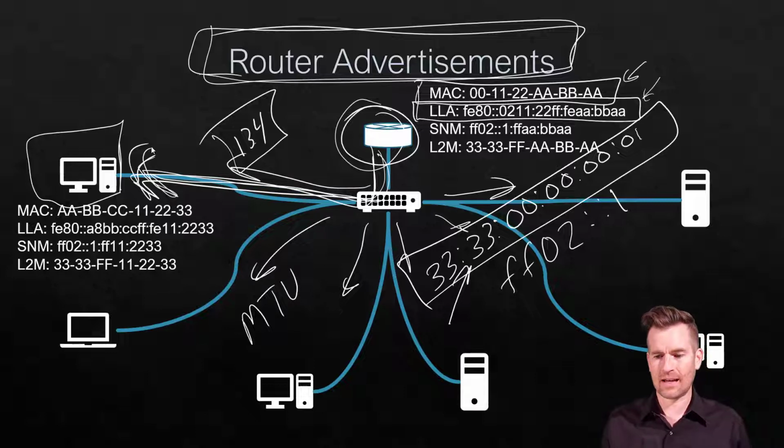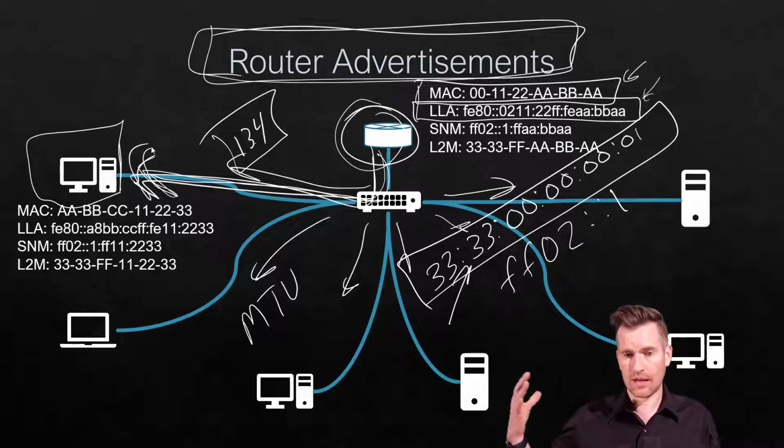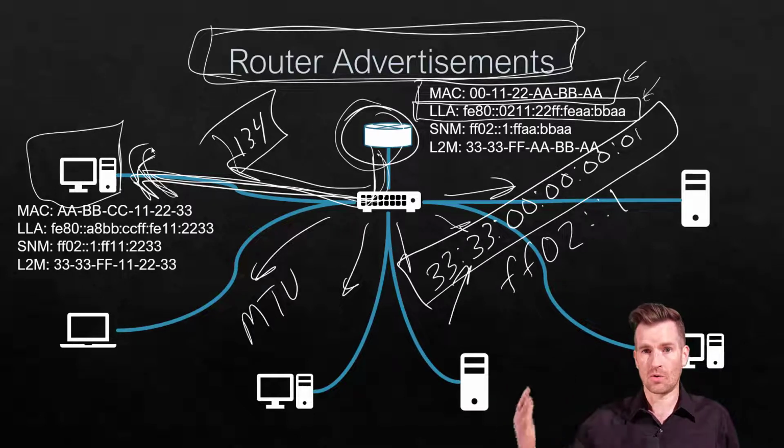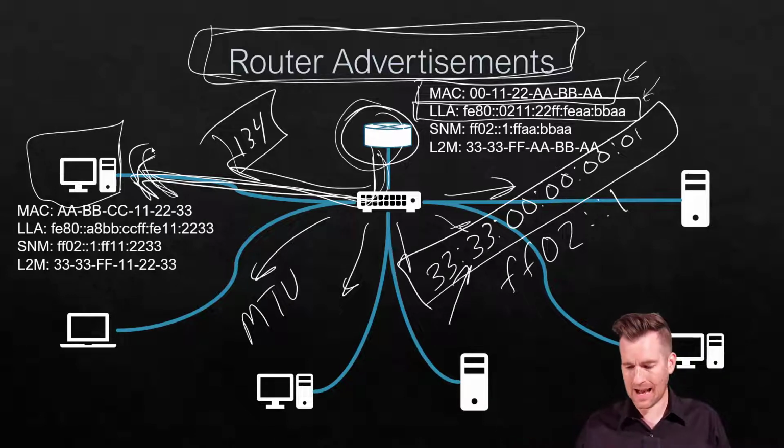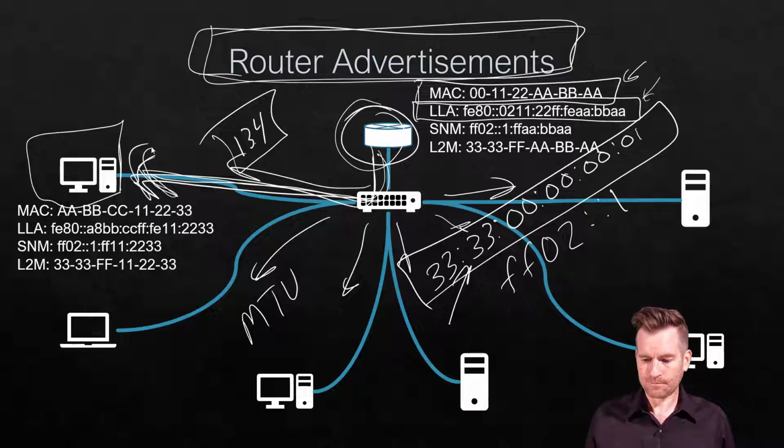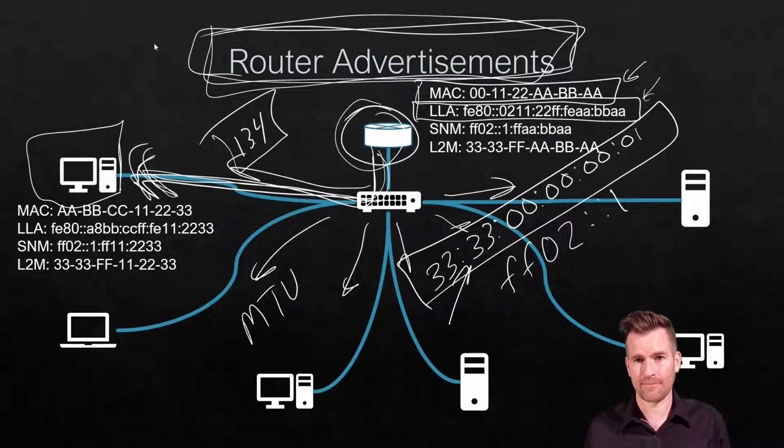So things like the default gateway: if you're going to this route, then you're going to need to go to this gateway to get out to those routes, or the default route would be an example of that. There's a lot of different information that can be sent out on these router advertisements, and it's just whatever you have set up the router to send out as options.